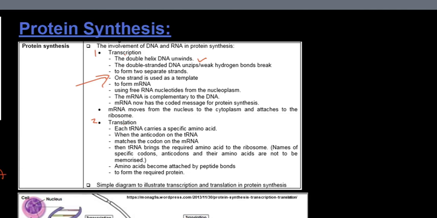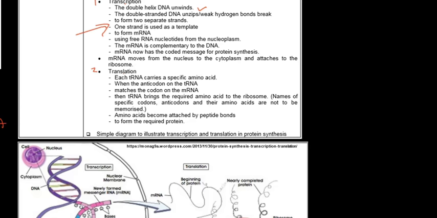So transcription is the first one, and this takes place within the nucleus of the cell. And basically what happens here is that DNA will unwind, very similar to DNA replication. The DNA strand unwinds, and then the weak hydrogen bonds break so that the DNA can unzip, so it exposes those nitrogenous bases.